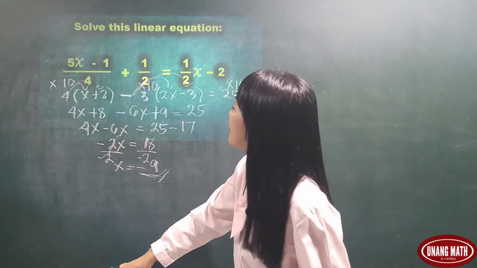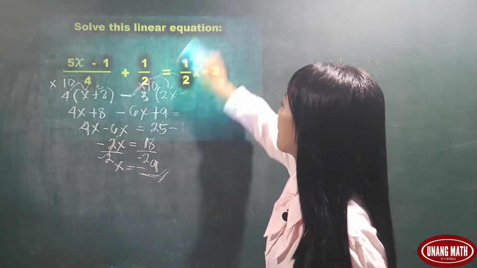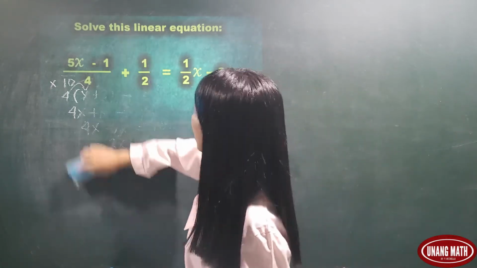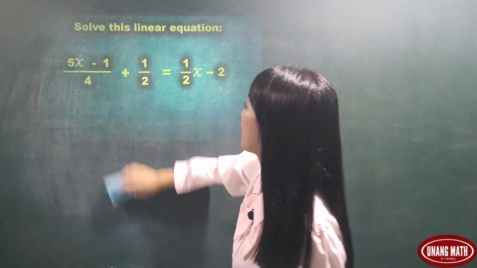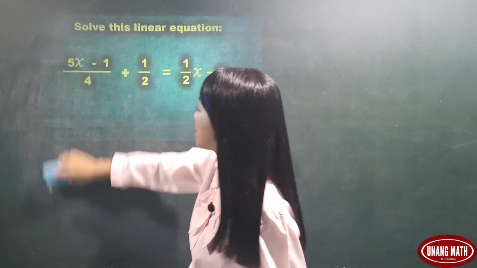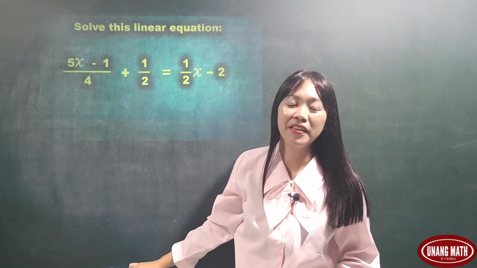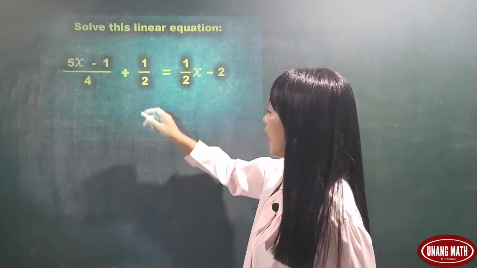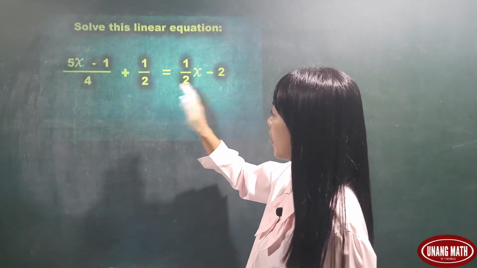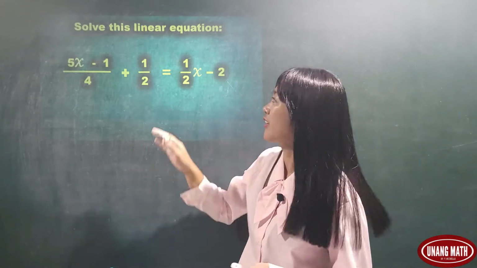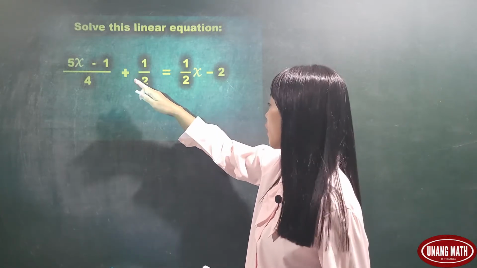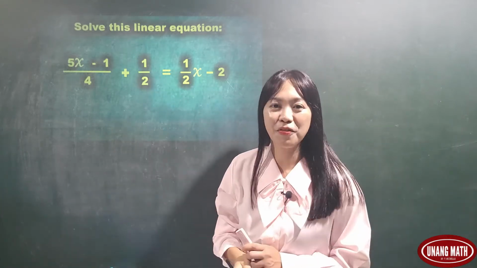Okay, how about this next problem here? Let's solve this linear equation. You can see the given numbers here are fractions. It will be difficult to solve if the coefficients of the variable or the given numbers are fractions.